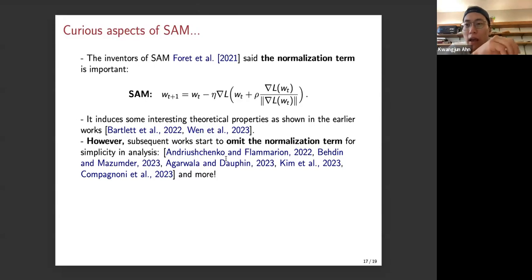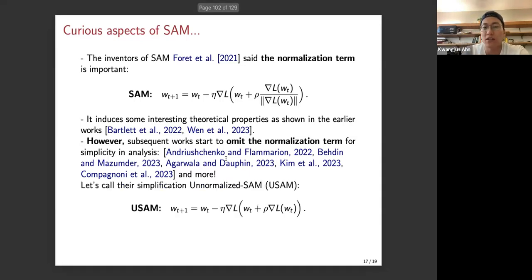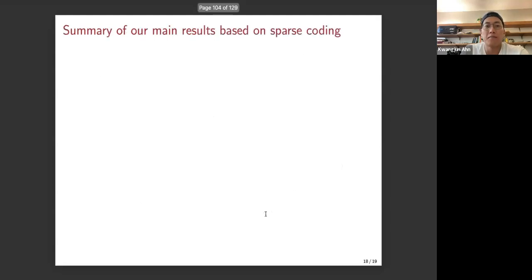However, subsequent works start to omit the normalization term for simplicity in the analysis, and instead consider this unnormalized SAM, where instead of doing the normalized gradient ascent step, they omit the normalization term. So what's going on?